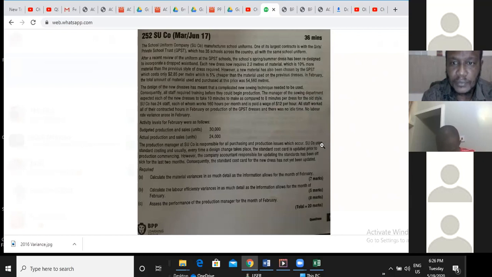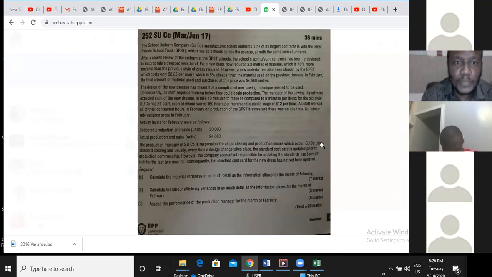All staff worked all of their contracted hours in February on production of GPST dresses, and there was no idle time. No labor rate variances arose in February.